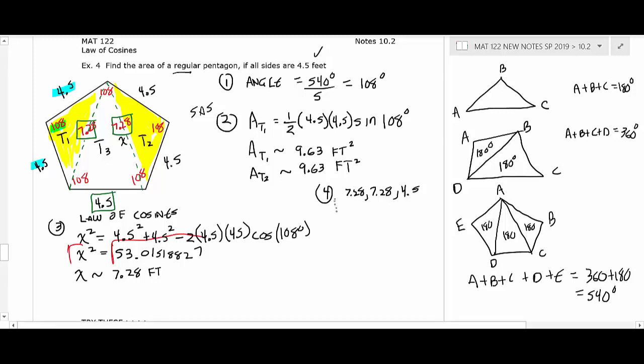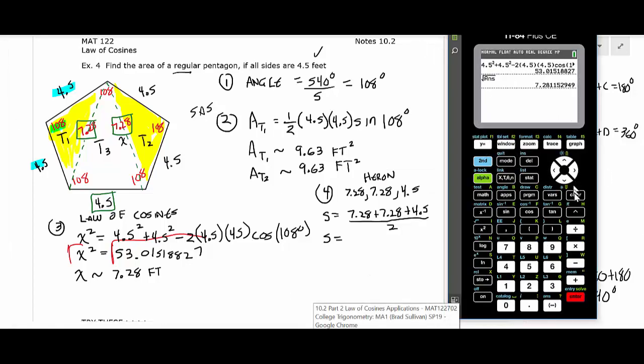So let's do that. When we do Heron's formula, we'll work out the semi-perimeter first. We add up the sides, 7.28 plus 7.28 plus 4.5, and take half of that perimeter.